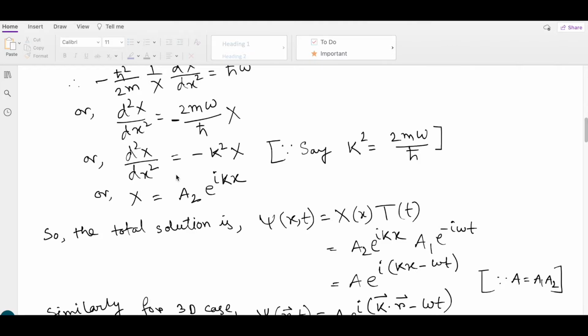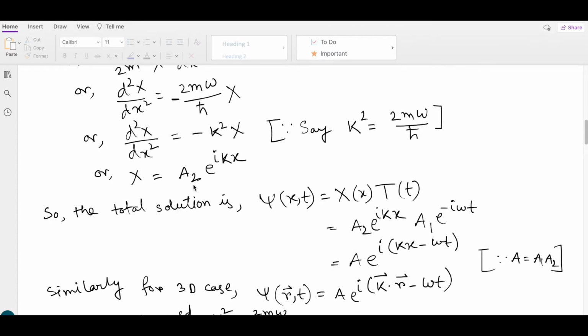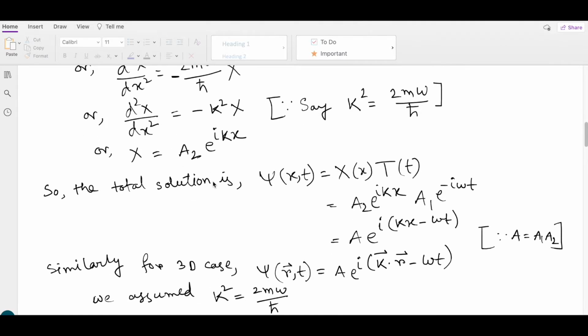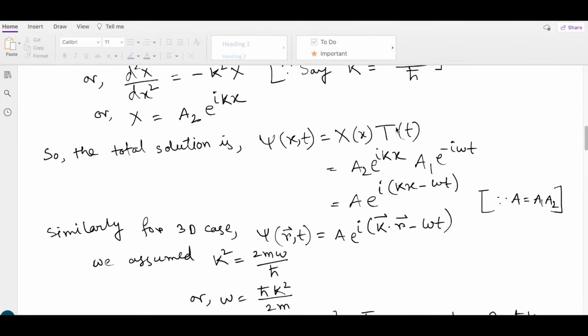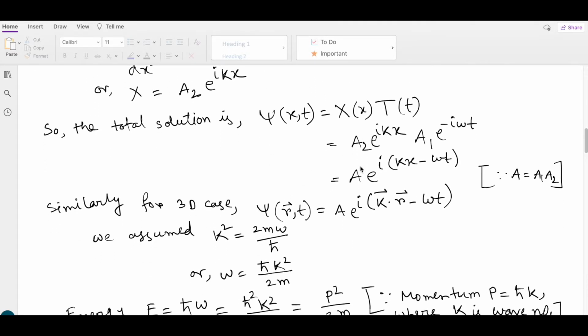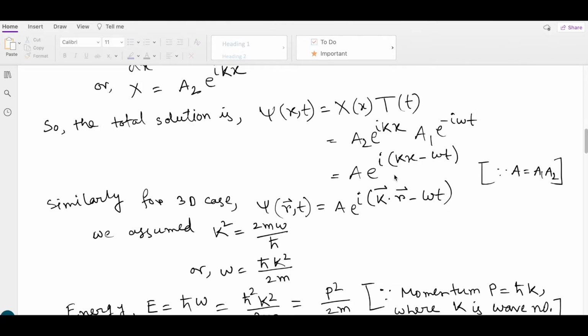The general solution is of exponential type or sine-cos type, but here we are considering the exponential type solution. So X = a2 e^(ikx). The total solution is X times T, and we get ψ = a e^(i(kx - ωt)), where a is a1 times a2.